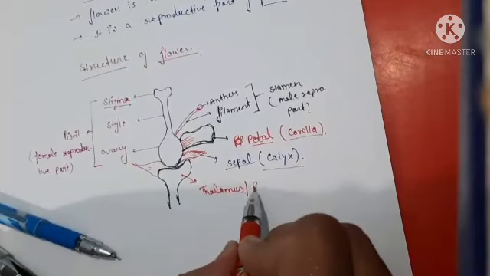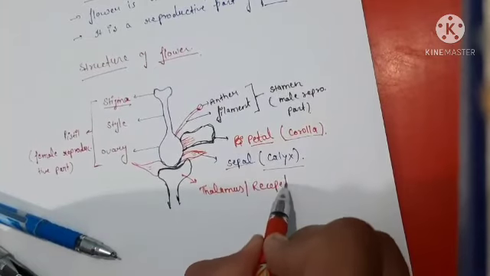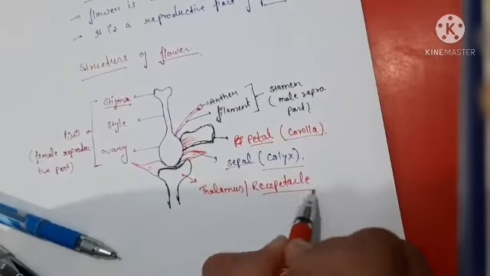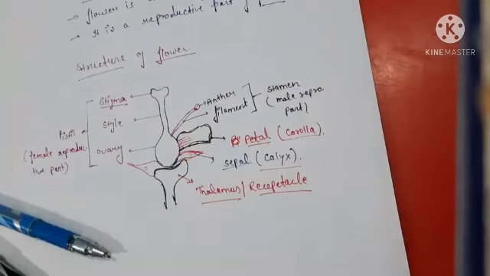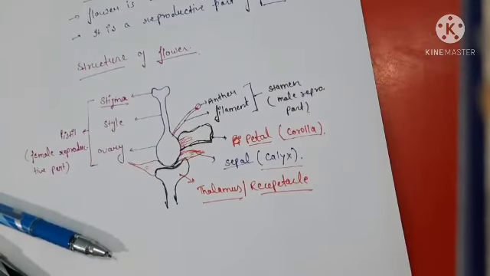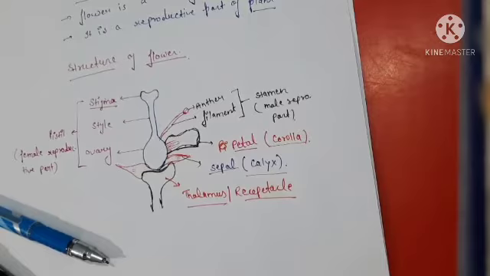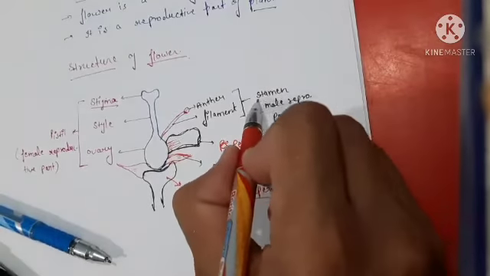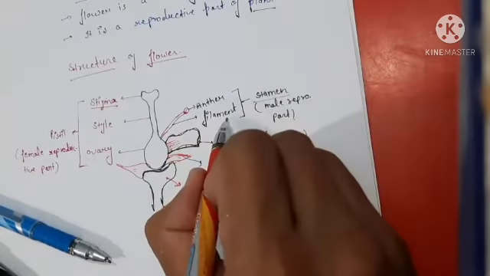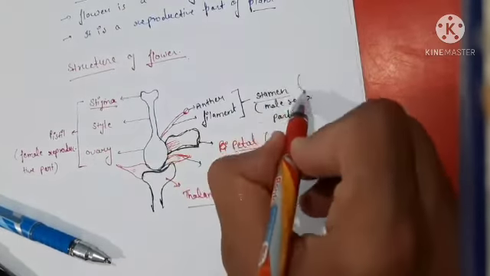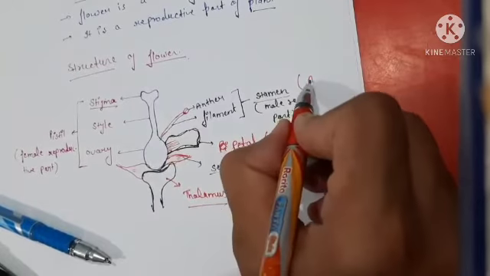It is called thalamus, or receptacle. Okay friends, one more thing here. One anther and one filament is called stamen, and a group of stamens is called androecium.